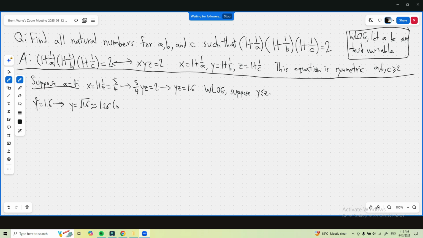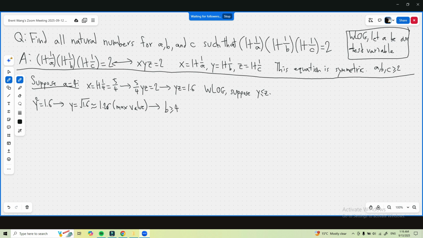This is the max value y can be. Now, I already know this by inspection, and I've already done this before. You test out b equals 2 and b equals 3 and 4 and see which value would be underneath or equal to 1.26. B would have to be at least 4 here.